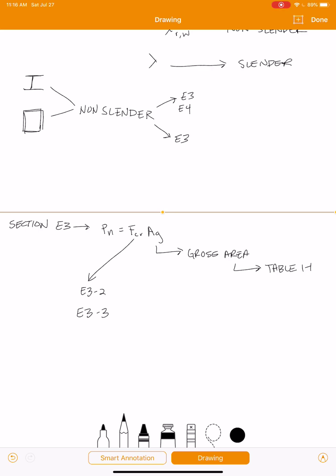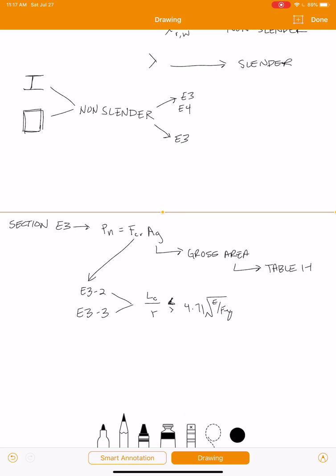And what's going to determine which equation you use is this ratio right here, your Lc over r, whether it's less than or greater than 4.71 times the square root of E over Fy. So if Lc over r is less than this right here, then you're going to use this equation. Otherwise, you'll use that equation there.